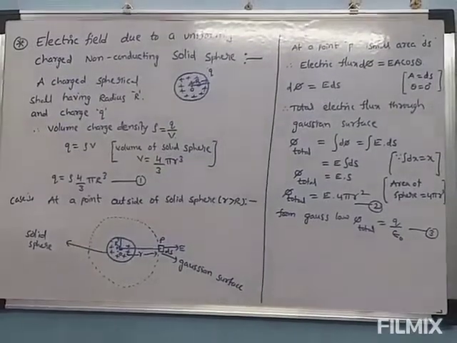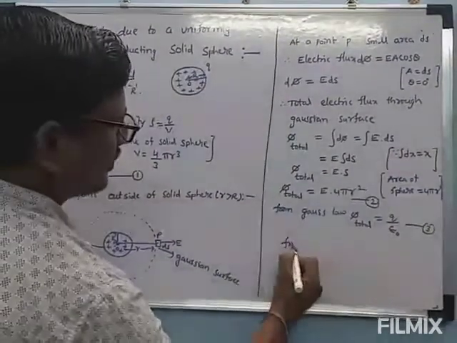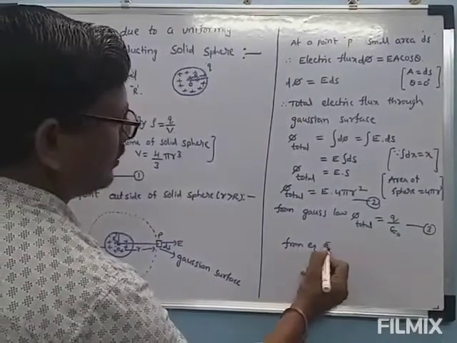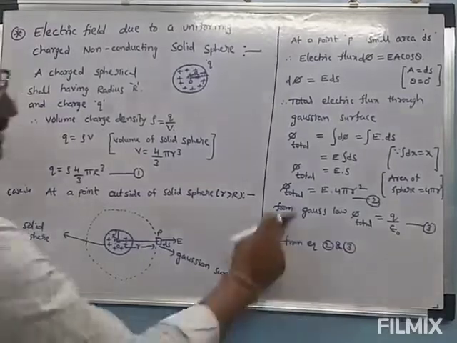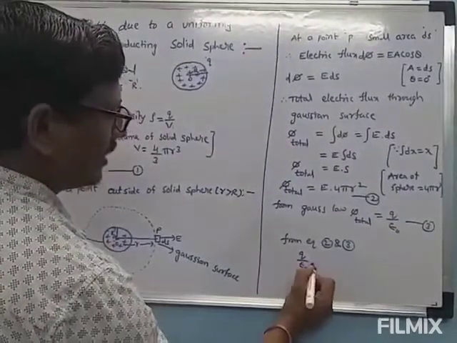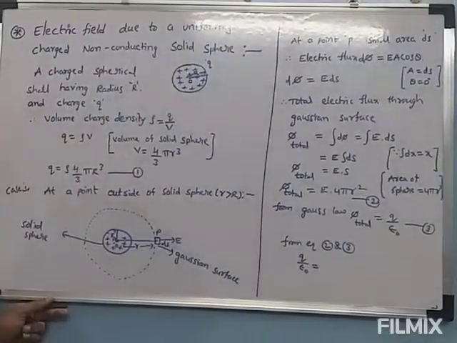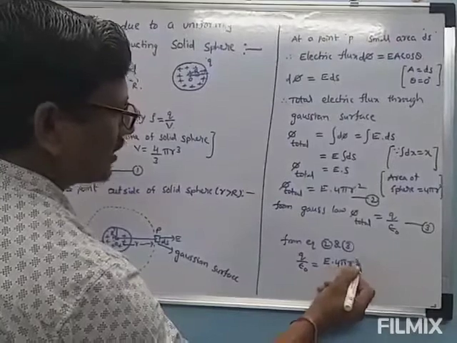From equation 2 and 3, what can we write here? The total electric flux: Q by epsilon naught is equal to E into 4 pi r square.